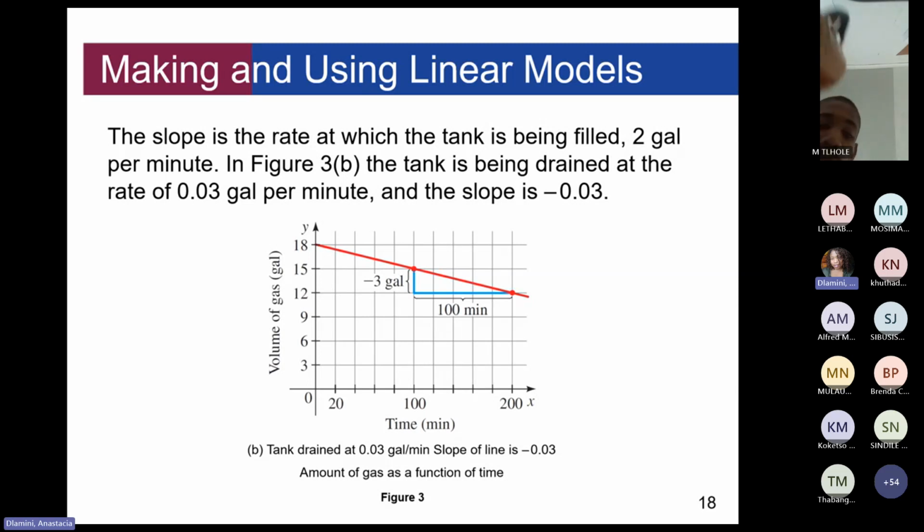In figure 3B, the tank is being drained at the rate of 0.3 gallons per minute, and the slope is negative 0.3. Do you see how you use the linear function to model problems? Yes, ma'am.